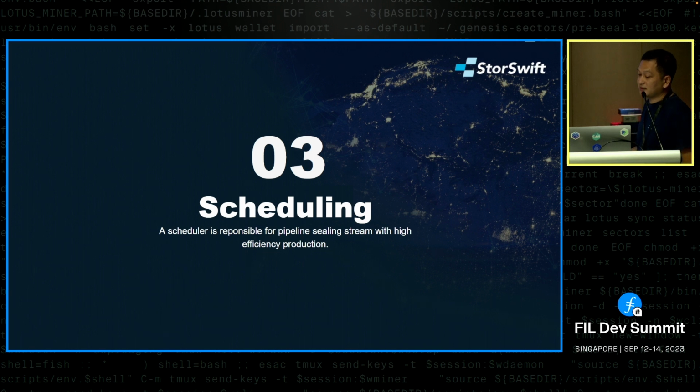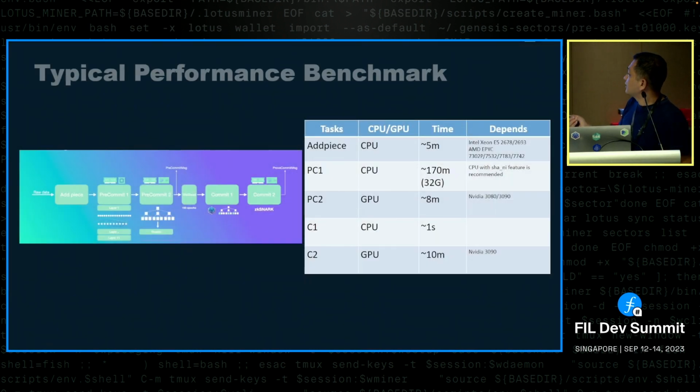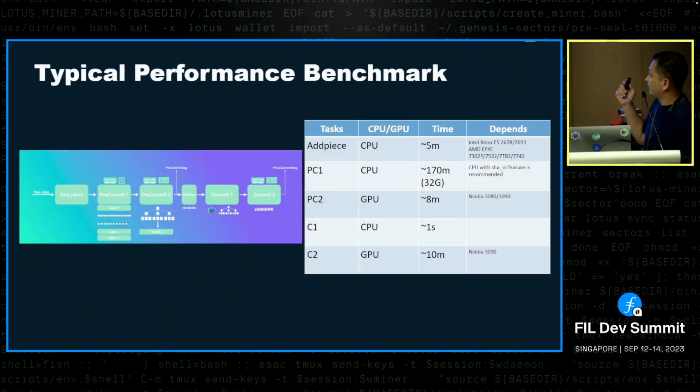To scale the ability of sealing, the key point is the scheduler, which makes high efficiency production possible. Here is a typical performance bottleneck benchmark. Of course, some data is old.